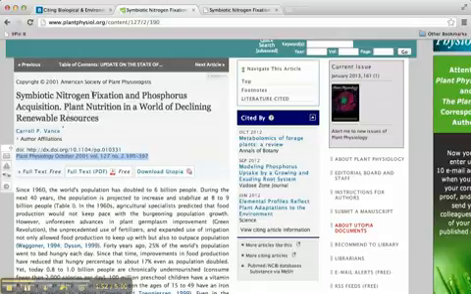So here is the title once again, the author, and if I draw your attention here to this blue highlighted area, you're going to see the Plant Physiology journal name, you're going to see the 2001 year, you've got the volume number, and here is what we need, this number 2 right here. That corresponds to the issue number, and that is going to be helpful to us. And then we see the page numbers that the journal article was printed on.